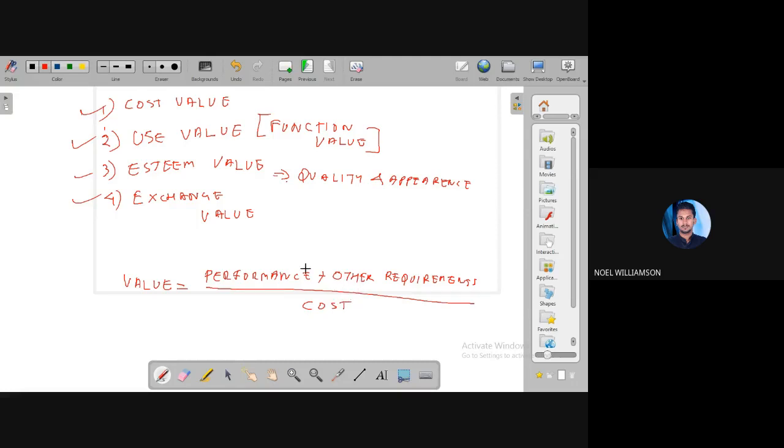So the value can be increased either by increasing the utility for the same cost or by decreasing the cost for the same utility. This is the utility.